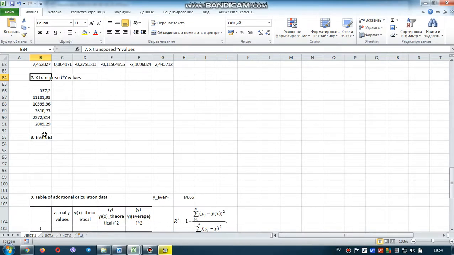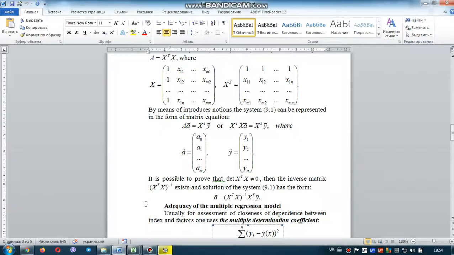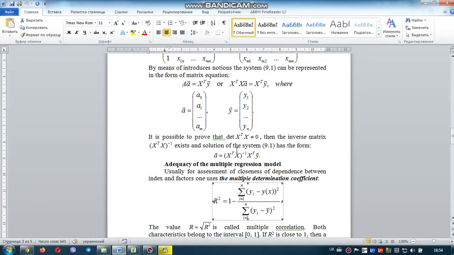Then our final stage of this part of this work is to determine the A values. To determine the A values, we have to multiply our inverse matrix and the product. We have to determine the product of our inverse matrix and the product of X transposed by Y matrix.